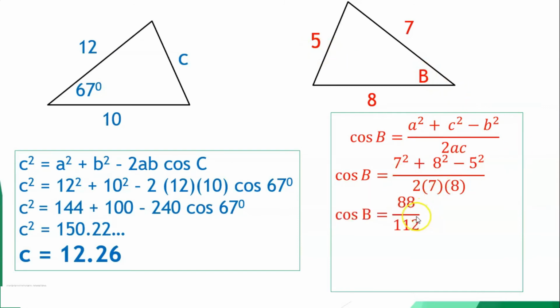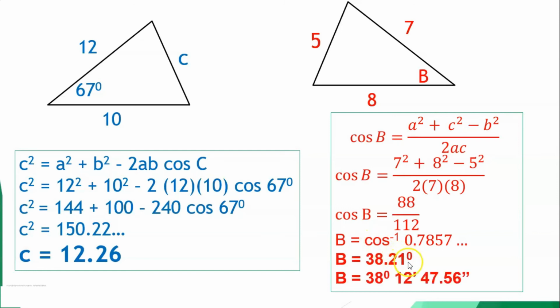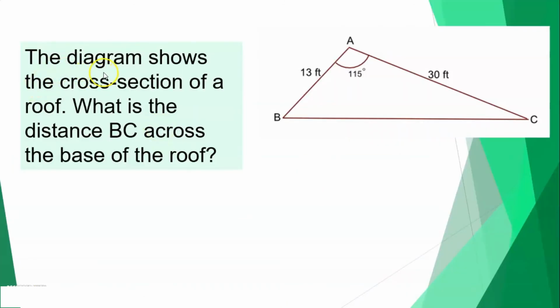So simplifying, this would become 88 over 112. So solving for our cosine, B here is 38.21 degrees, or in exact, that would be 38 degrees, 12 minutes, and 47.56 seconds.